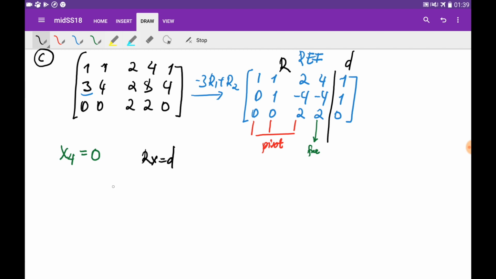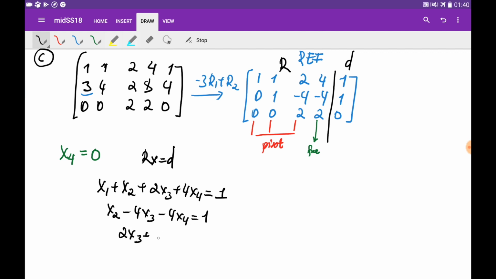So let's write down the system. It's going to be x1 + x2 + 2x3 + 4x4 = 1, x2 - 4x3 - 4x4 = 1, 2x3 + 2x4 = 0.